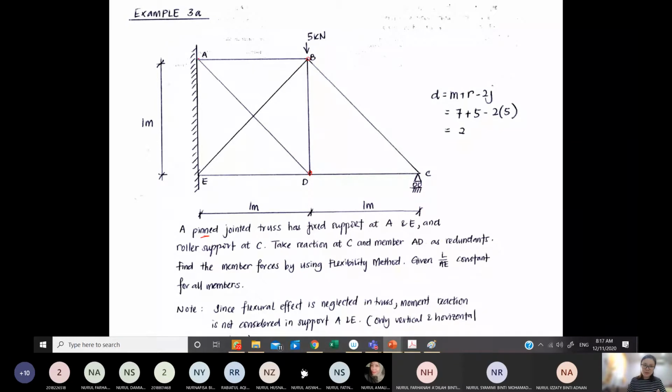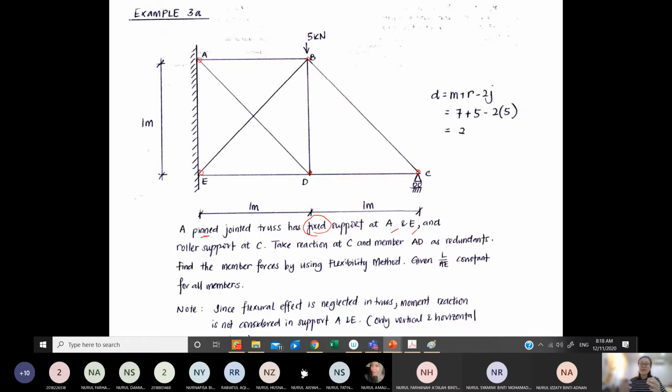If you have my notes, you can help me put these circles on this to indicate the knots, the joints. And then it has been fixed at A and E. This is quite confusing. Fixed support, because normally with a fixed support we have a moment at A and E, right?